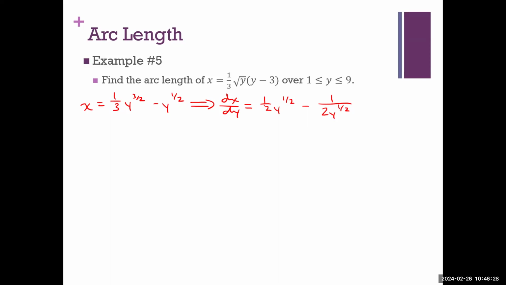All right, so I've got a derivative. What can I do with that? Okay, so integral from where to where? 1 to 9 of what?